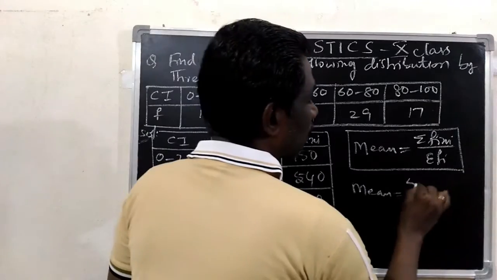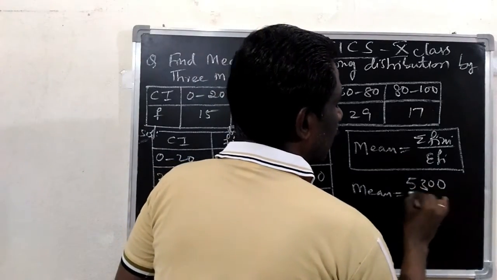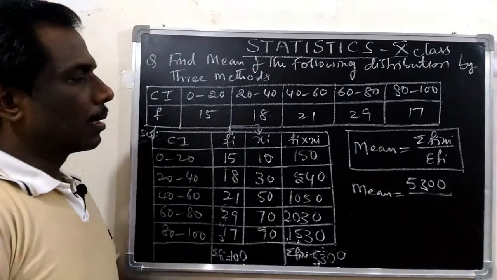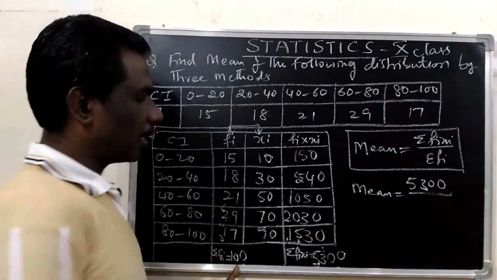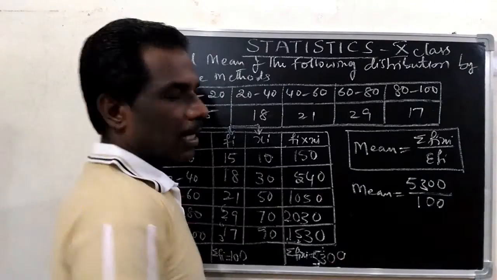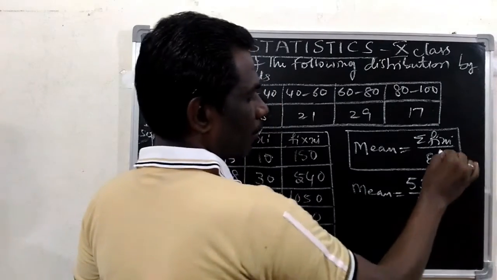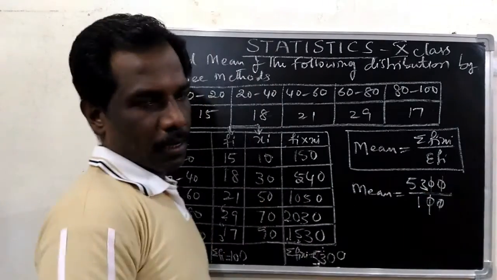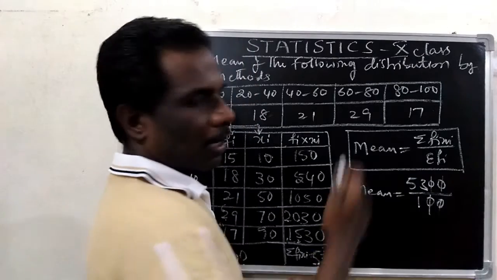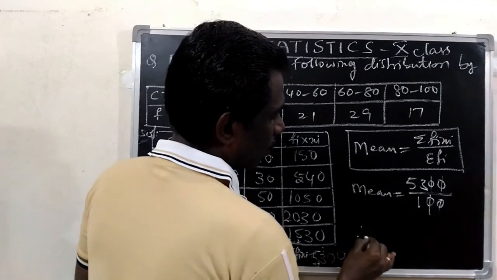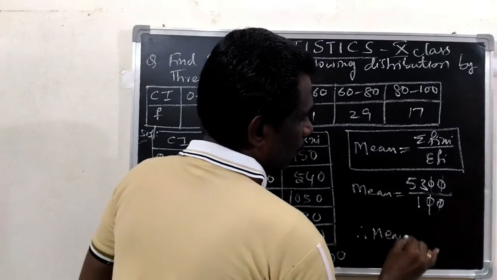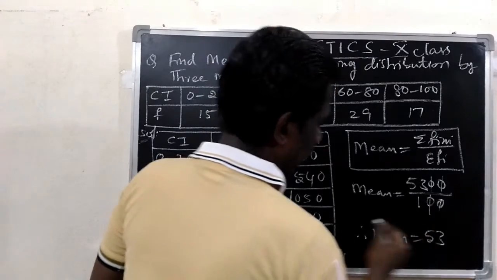We got 5,300 divided by sigma fi. Sigma fi is 100. If we cancel 2 zeros in the numerator and 2 zeros in the denominator, we get 53 by 1. Therefore, mean is equal to 53.